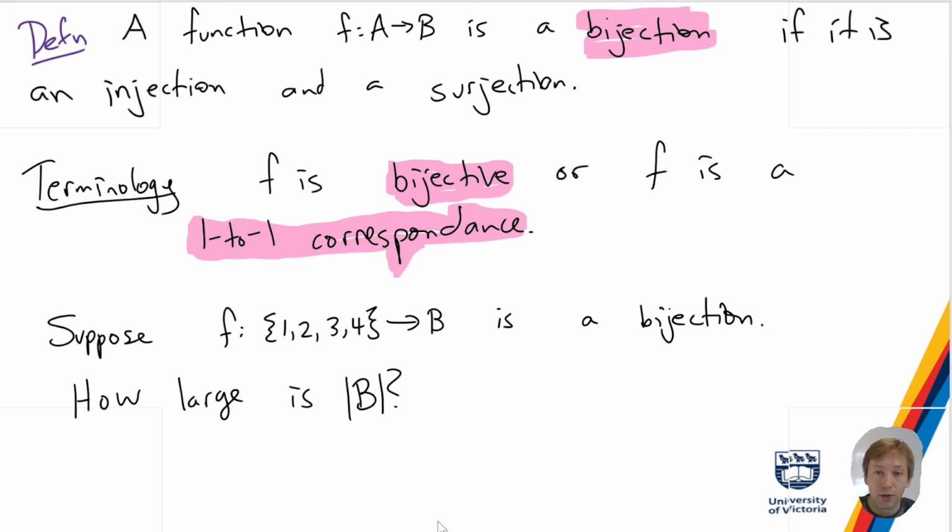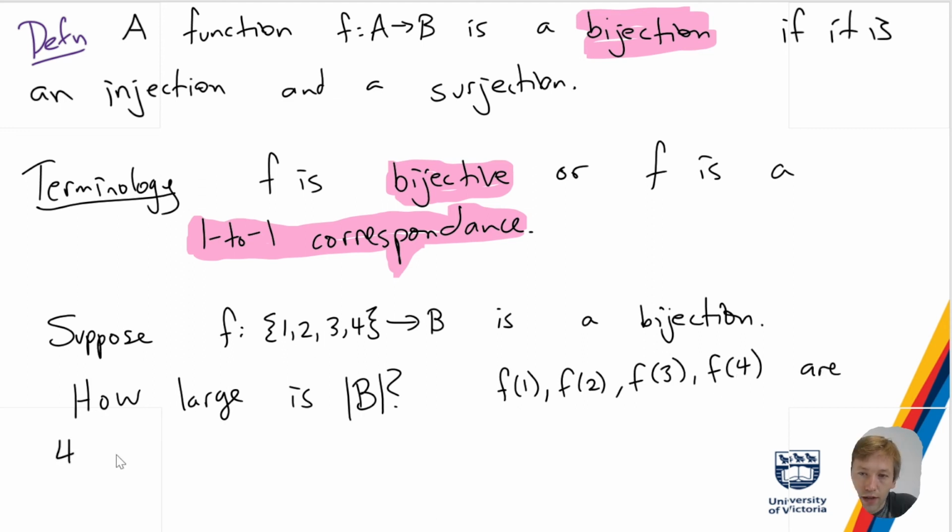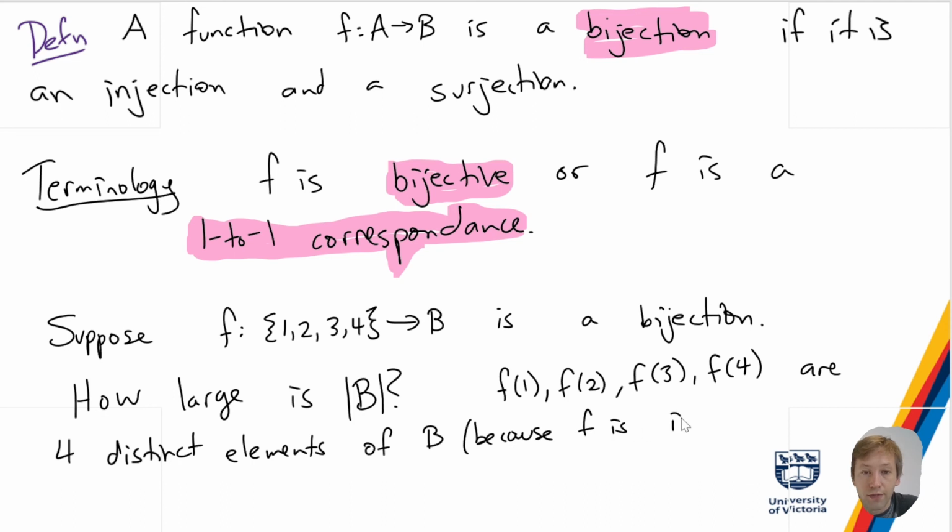If you think about that for a little while, you'll see that the answer is it has to be 4. If I look at f(1), f(2), f(3), and f(4), those are 4 distinct elements of B because f is injective. f doesn't map 1 and 2 to the same element of B, it doesn't map 1 and 3 to the same element, it doesn't map any two different numbers to the same element.